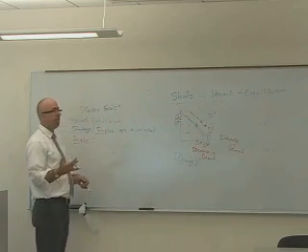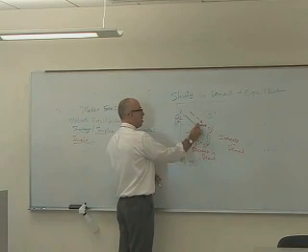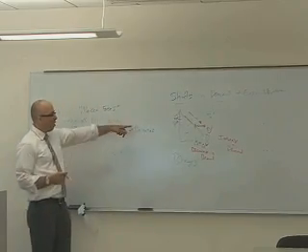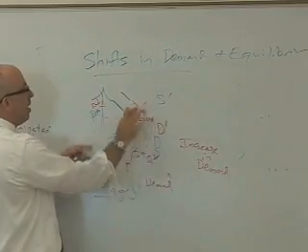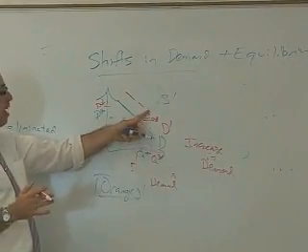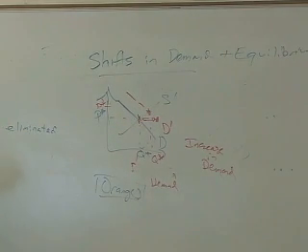But once the store figures this out and says, look, if people want them, we'll charge more, this is going to work its way up and the price will rise. And so if there is an increase in demand, eventually you're going to find that the price will rise and that there will be a new equilibrium quantity that is the same for both supply and for demand.